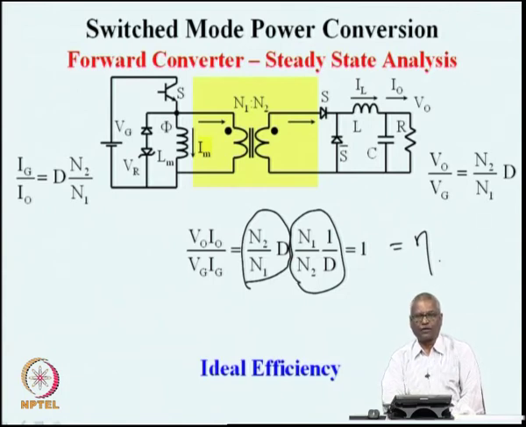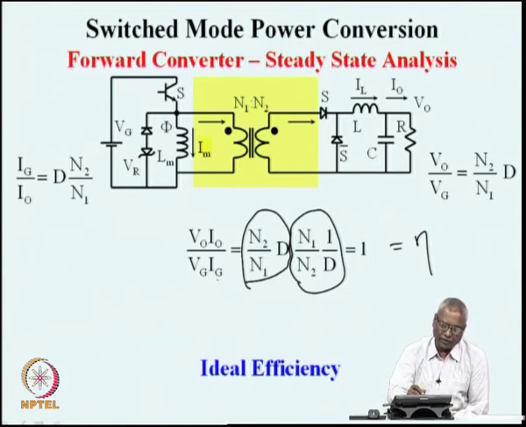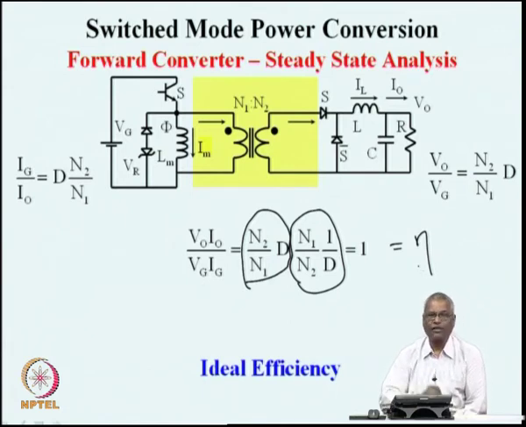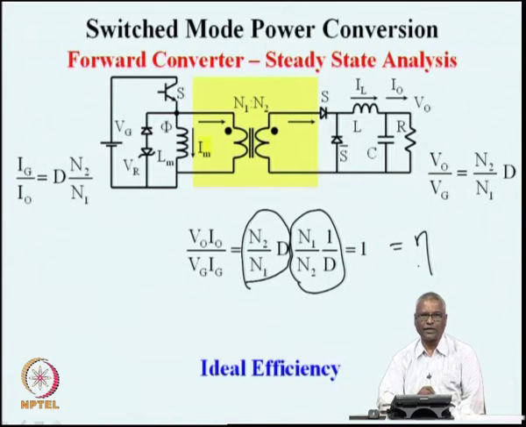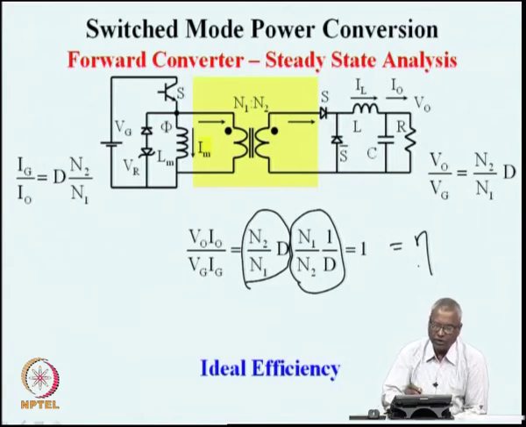What we define as the output power divided by the input power is the efficiency, and that efficiency is 1 in an ideal switch mode converter with isolation as shown in this case.